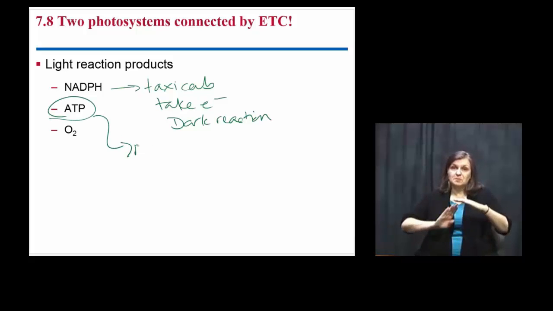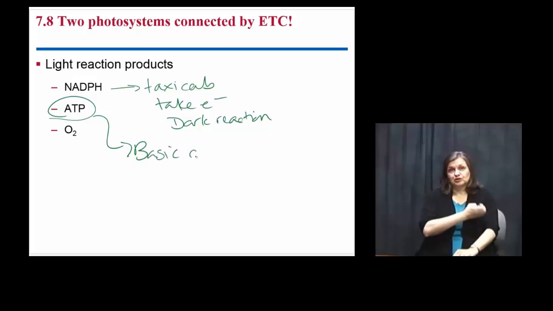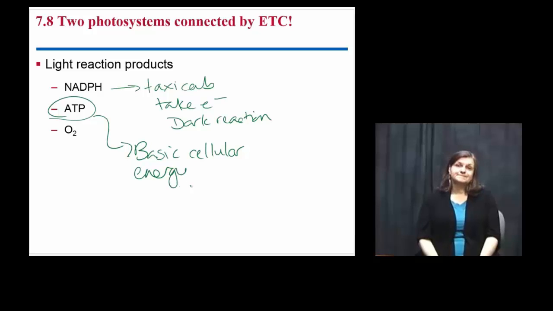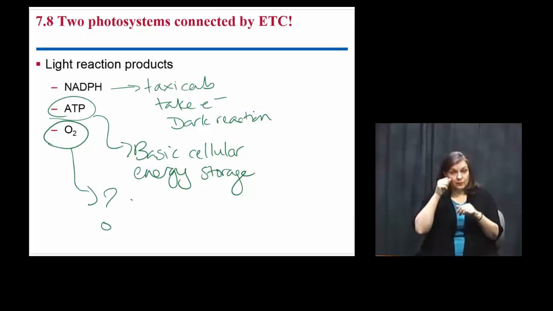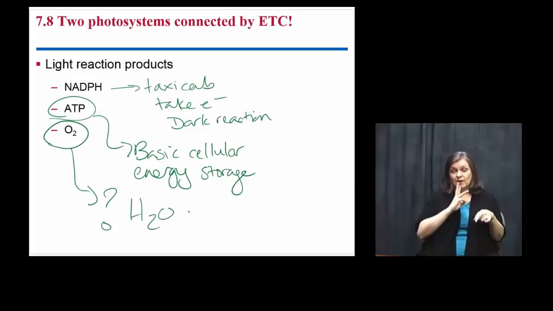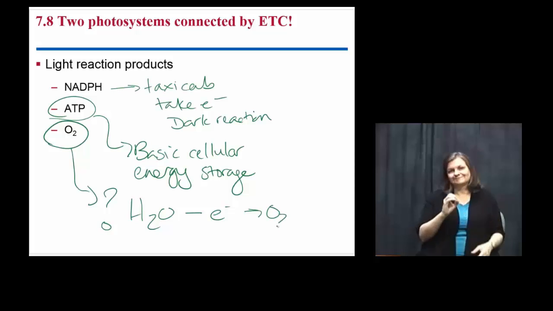Remember, that's our basic cellular energy storage. And we're going to make oxygen. Where did that oxygen come from? If you take water and subtract off its electrons, you're left with oxygen.